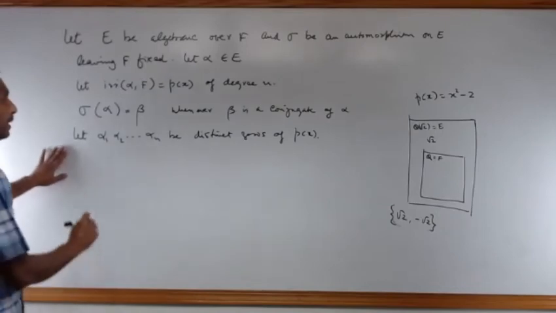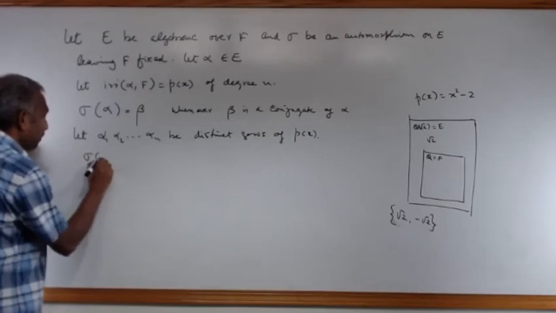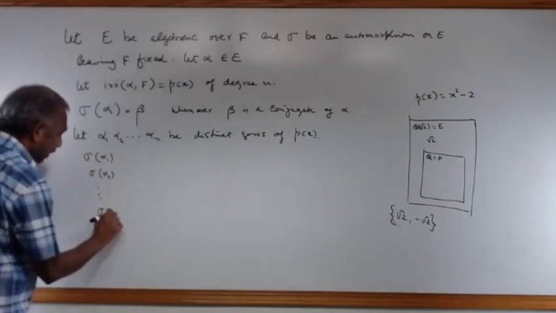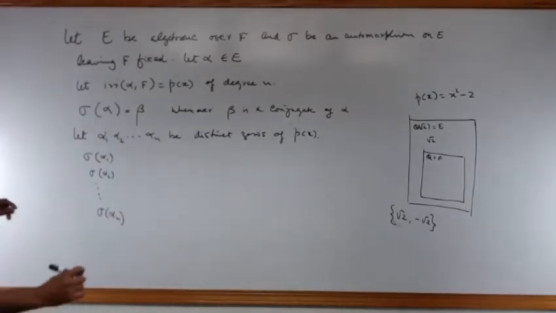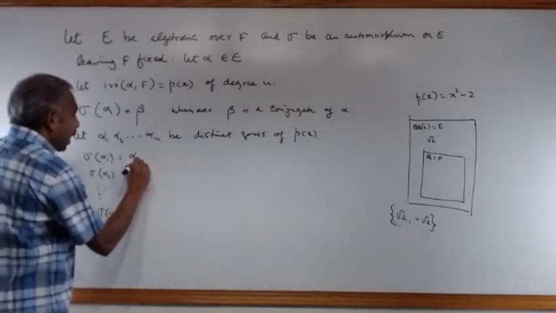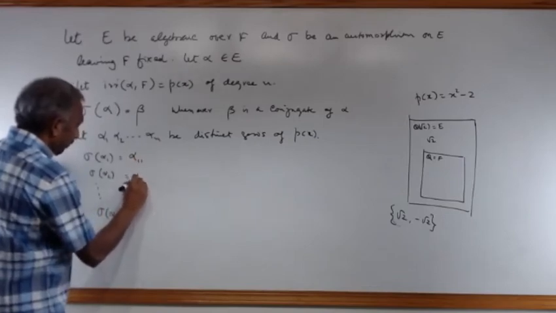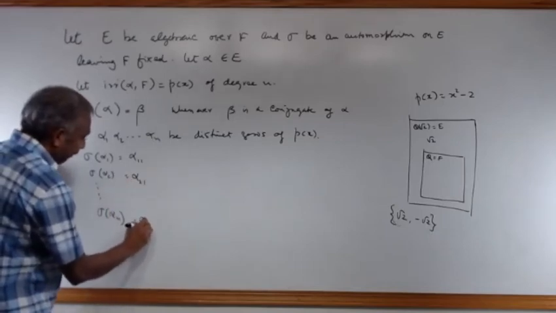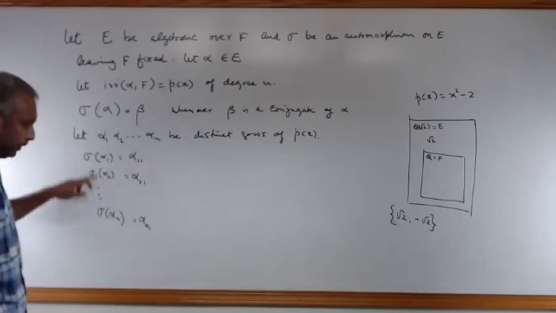Then you can write the images as sigma of alpha 1, sigma of alpha 2, up to sigma of alpha n, where each of these is one of the zeros.